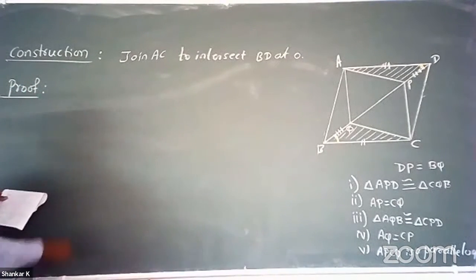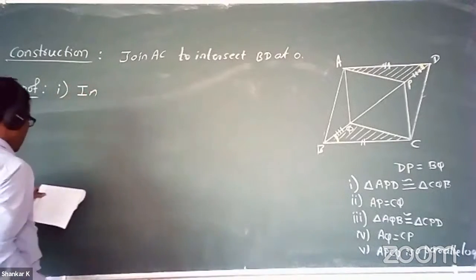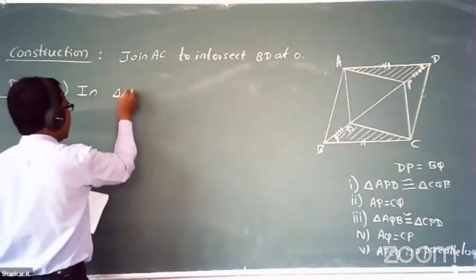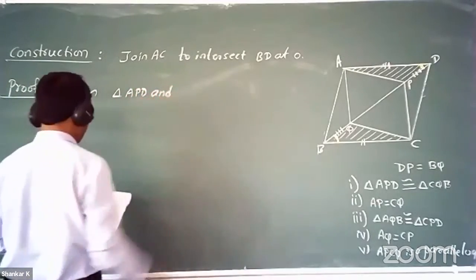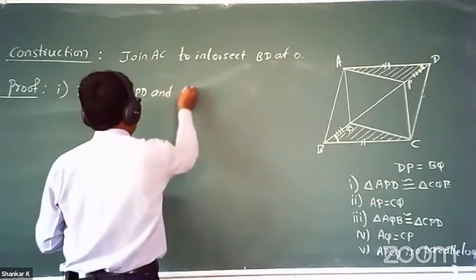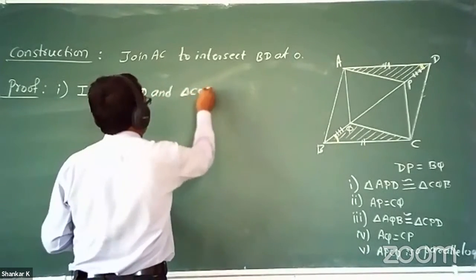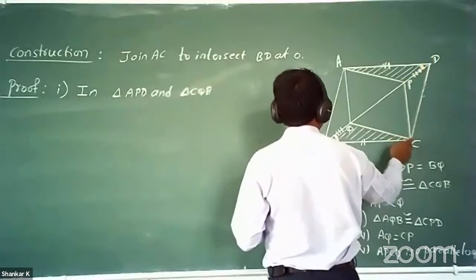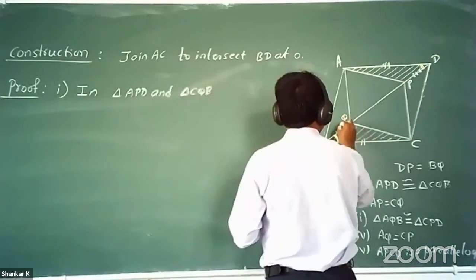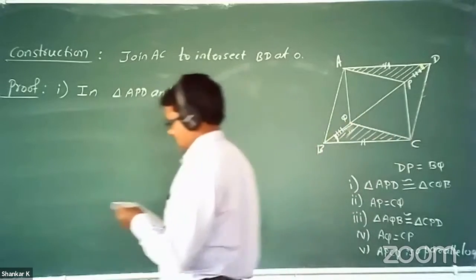What is it? First one, in triangle APD and triangle CQB. This one, APD and CQB.